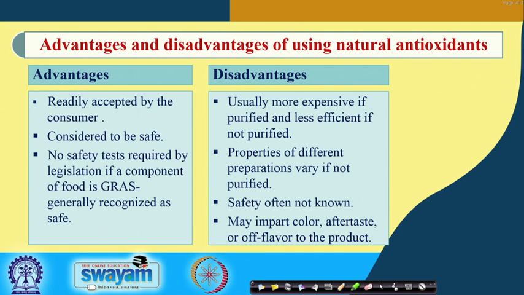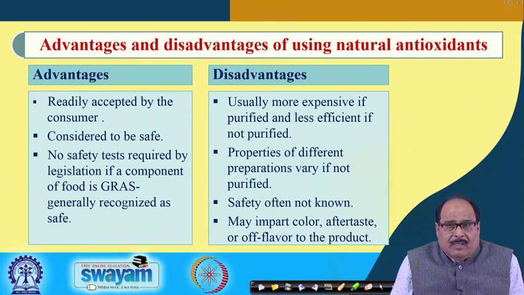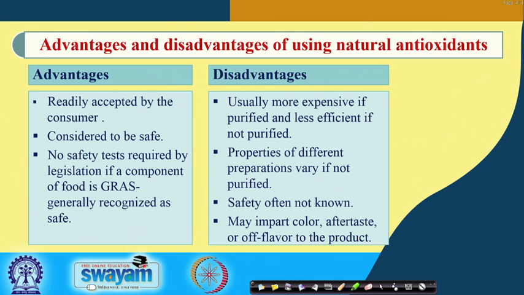However, there are certain cautions to be imposed with the use of natural antioxidants, or in other words, disadvantages of using them. They are usually more expensive if purified, but if they are not purified, they become less efficient. For example, suppose vitamin C is to be used as a source of antioxidant.